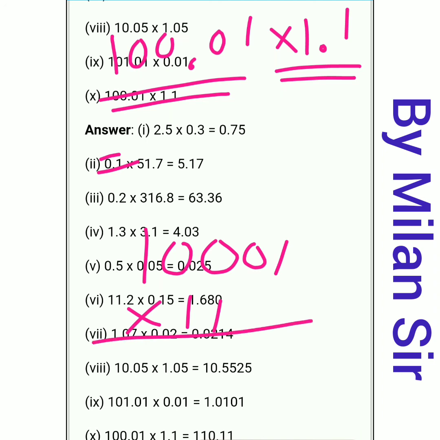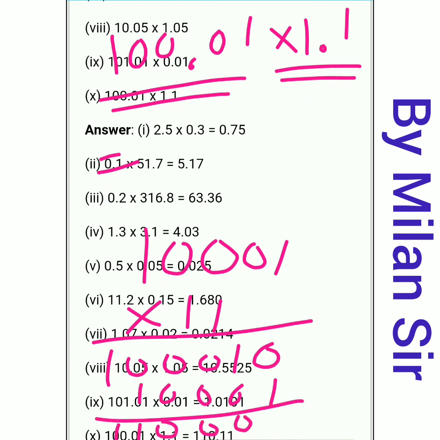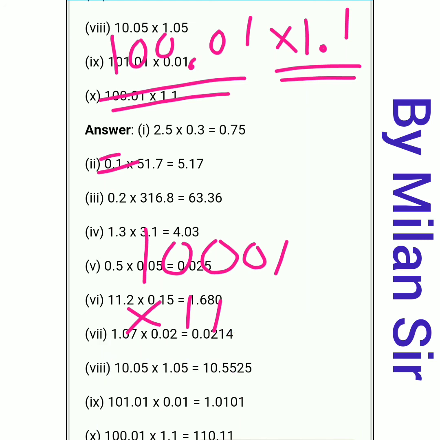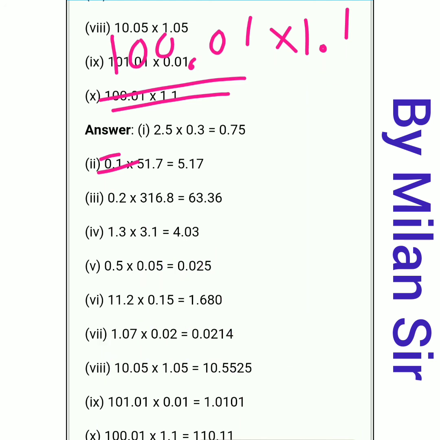First we need to find the multiplication. The answer of the multiplication is 110011.